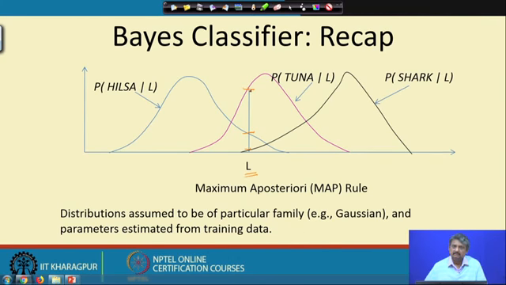But we also observed that in practice, because of the finite sample size, we do not have an infinite number of training samples, so we cannot exactly know or estimate the distributions. We have some error in estimation. There are several techniques: we assume them to be Gaussian, then we find that the boundaries are linear or parabolic, or we assume there is independence between the attributes and use the naive Bayes.